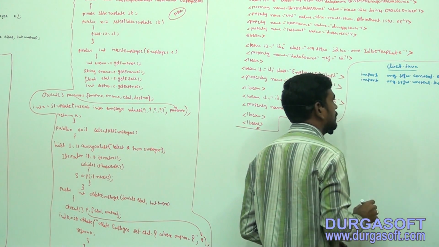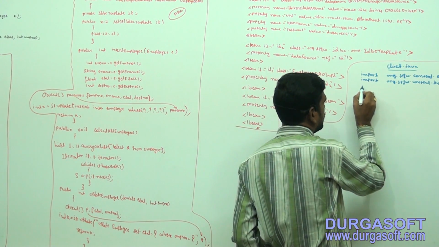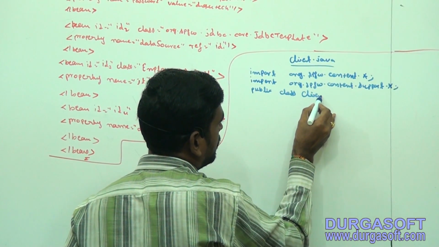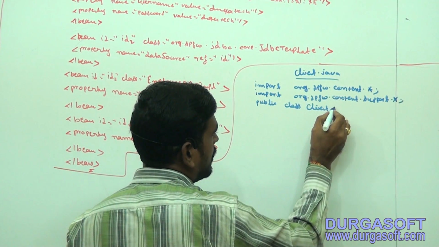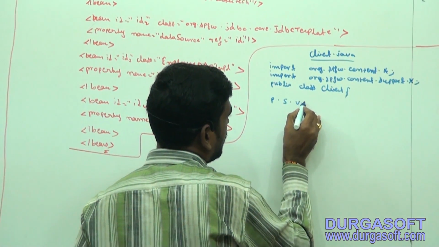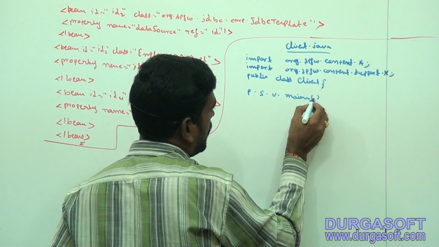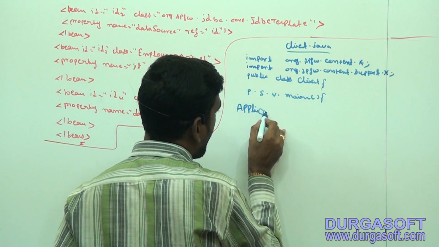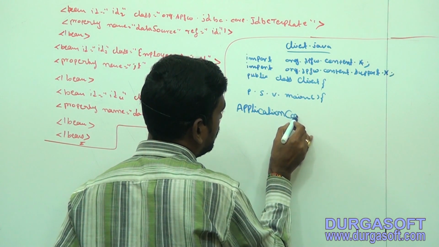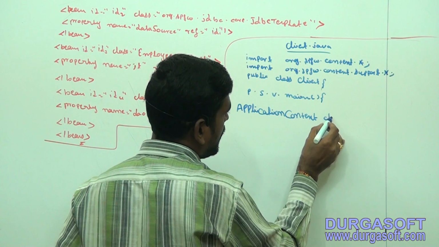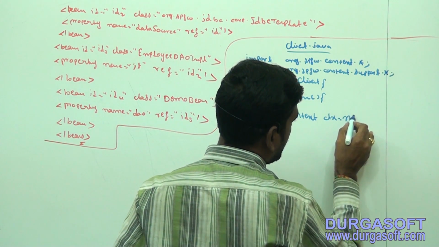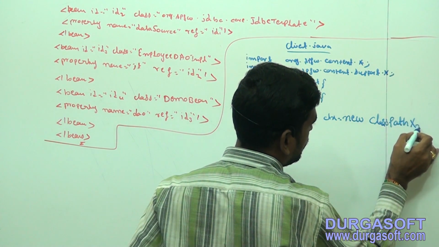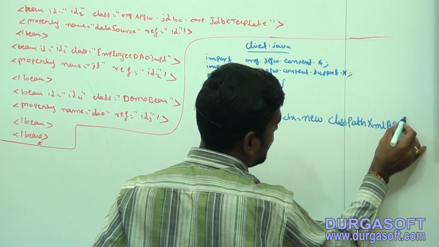The next after that, public class Client. The next public static void main. Now ApplicationContext ctx is equal to new ClassPathXmlApplicationContext.